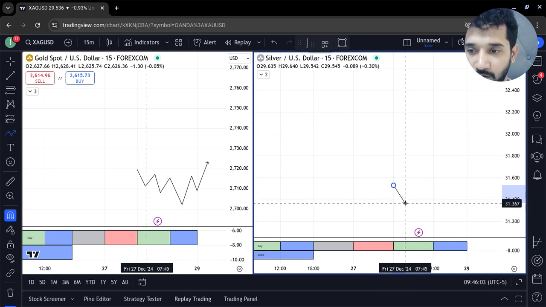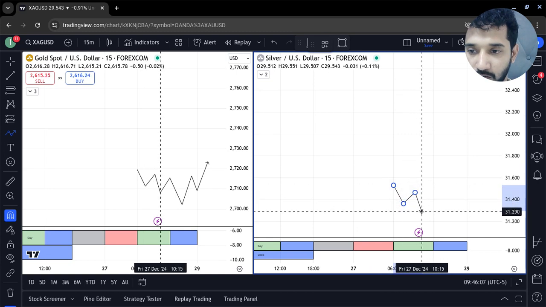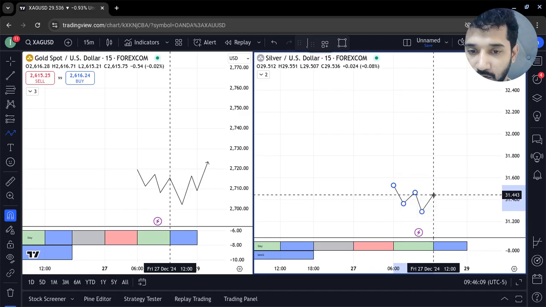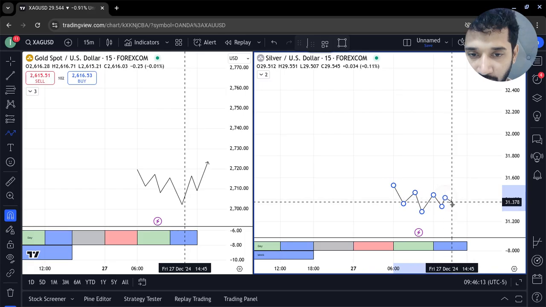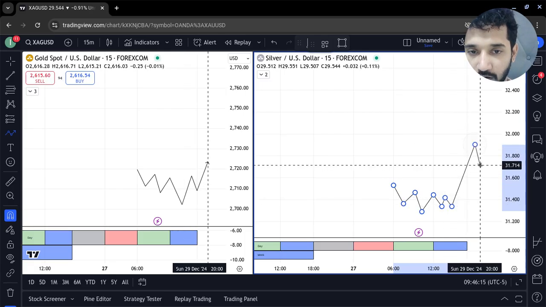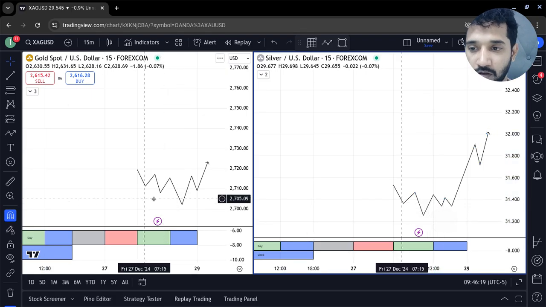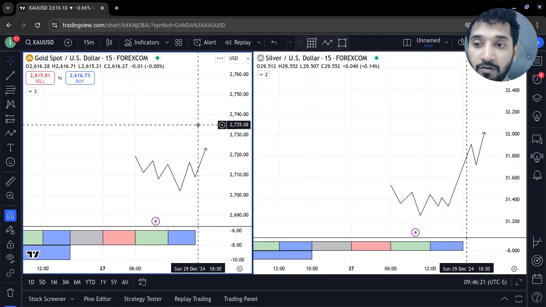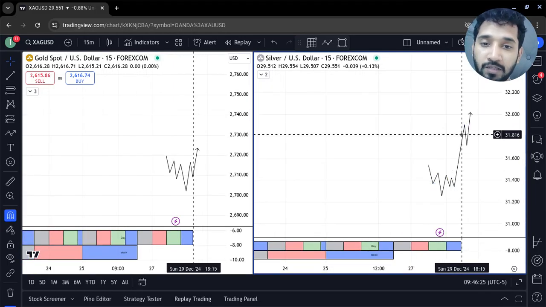Right from here, and then we don't see price taking out this low of the 3rd quarter. Okay, if we see this, there would be a reversal. But if you do not see this, it will just be a continuation.